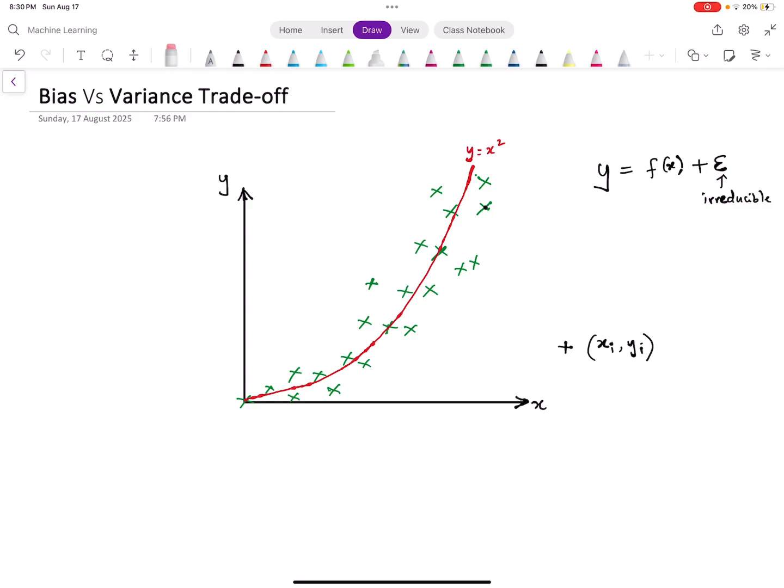and as we can see, there are infinite possibilities of such models that we can fit here. For example, two such models are: let us call this model 1 or curve 1.